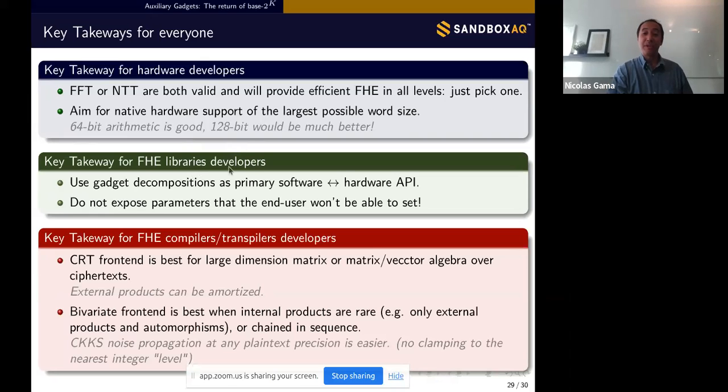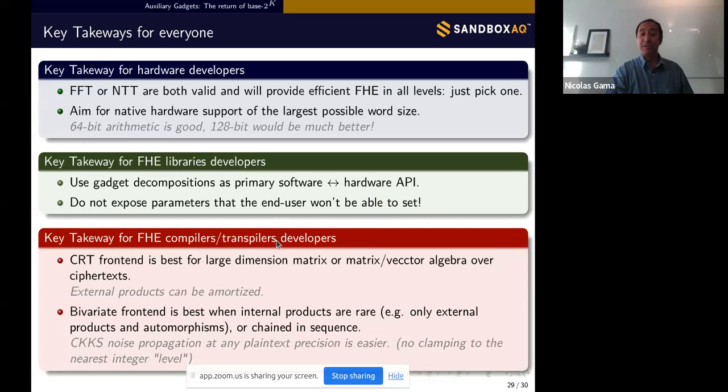For library developers, so if we are looking for a junction between software and hardware, or hardware abstraction layer, maybe the gadget decompositions are a good idea. And we really have to make an effort not to expose parameters that the end user will not be able to set.